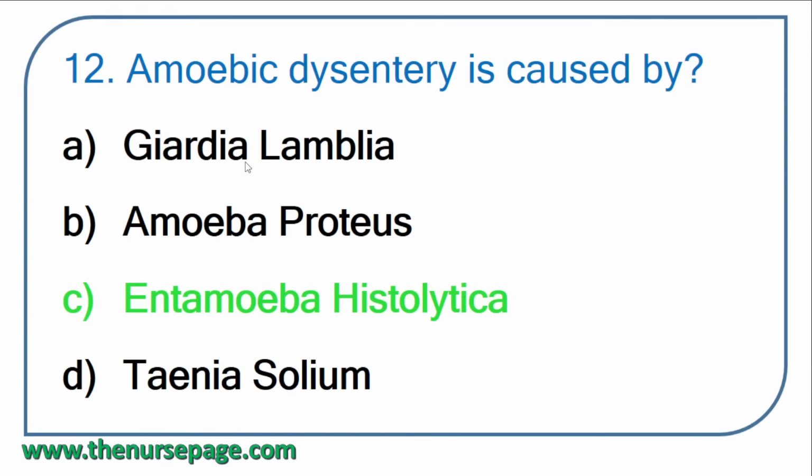Giardia lamblia causes giardiasis, Amoeba proteus causes amoebiasis, Entamoeba histolytica causes amoebic dysentery, and Taenia solium causes cysticercosis.